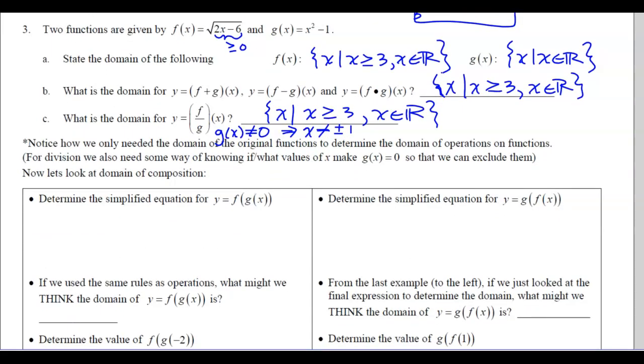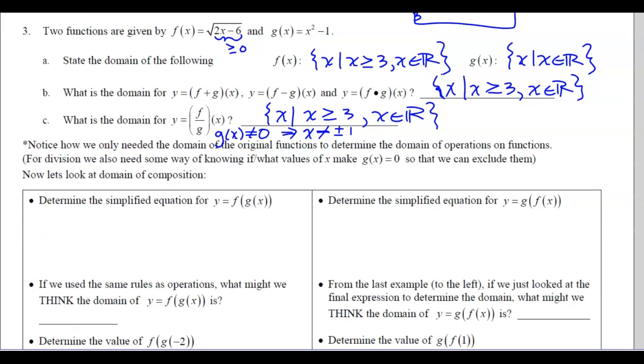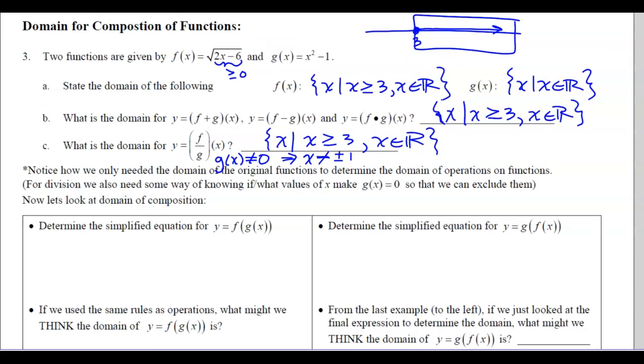So now we're looking at composition. First of all, determine the simplified equation for f of g of x. In f, you replace x with the g, x squared minus 1. Right, so g of x is this.